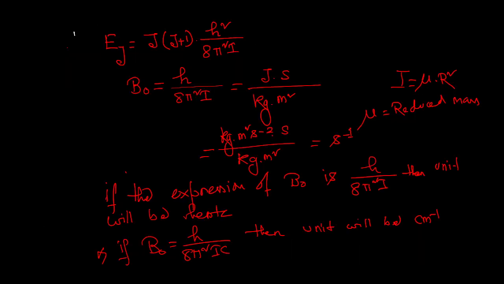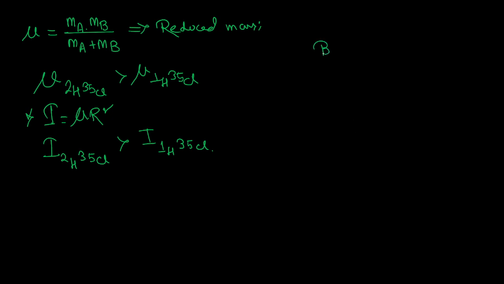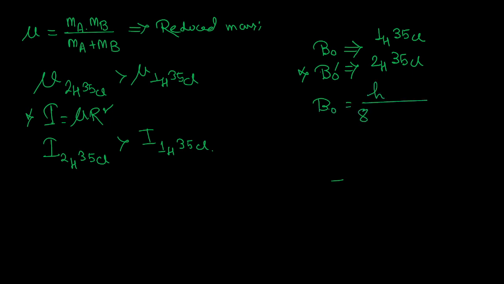Now what is written? B0 is rotational constant for 1H35Cl and B0 dash is rotational constant for 2H35Cl. Now the expression of B0 is h by 8 pi square I c, where we can think that all the other part is constant.